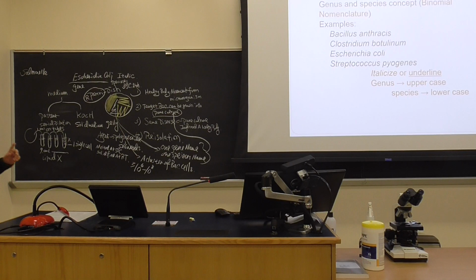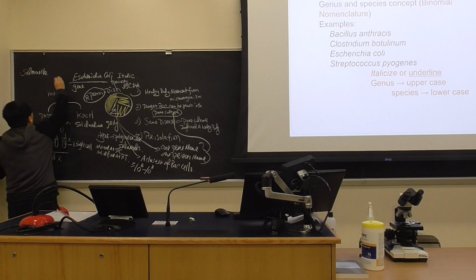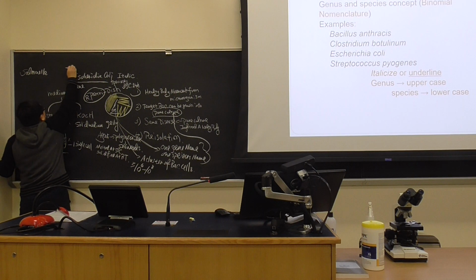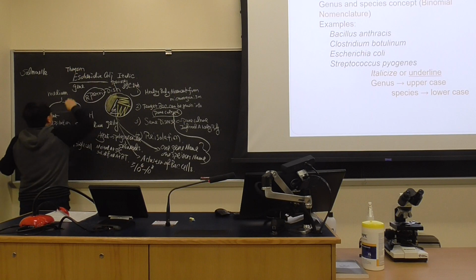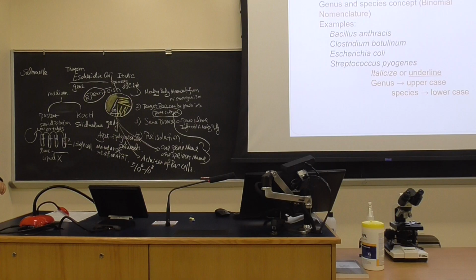If you look at the textbook, you look at the paper, lots of people write Salmonella in italics, but let's say Salmonella Thompson. This is normal, non-italic. Why? Because Salmonella has 6 subgroups.